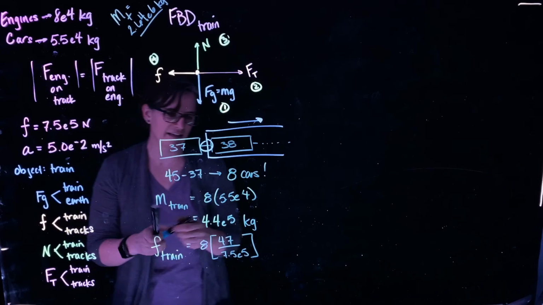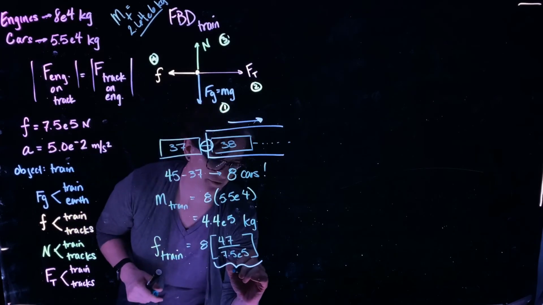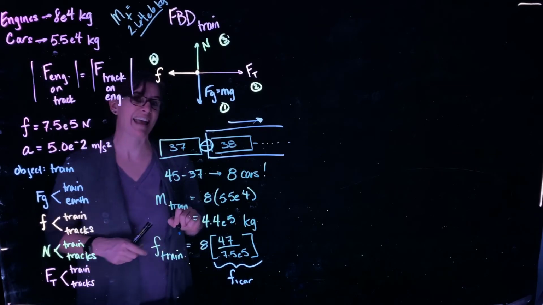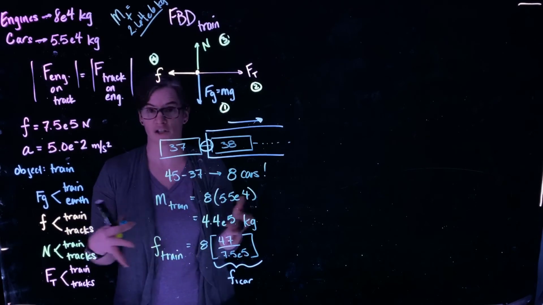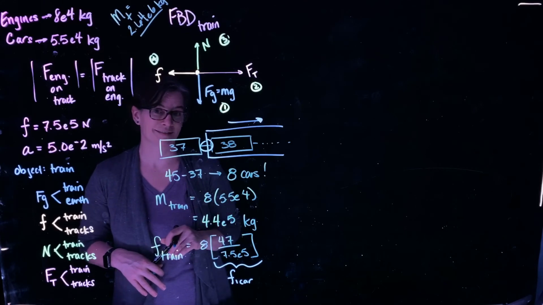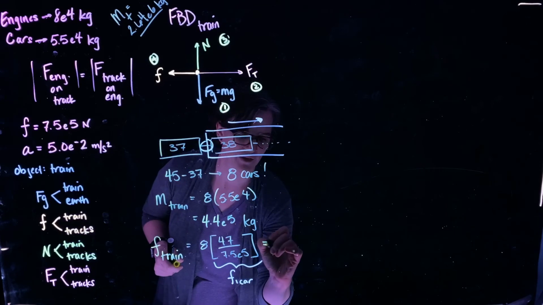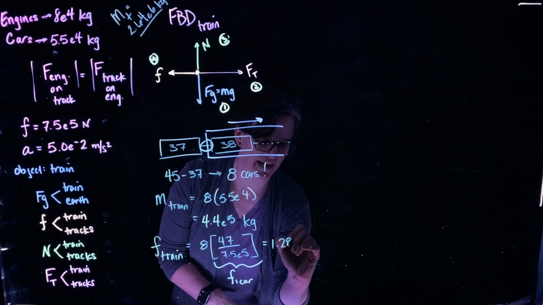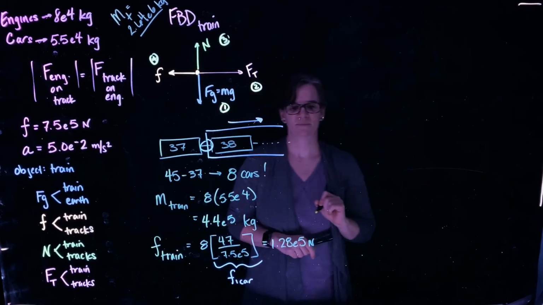So this gives us the friction on one car, and I have 8 of them. So this gives us 47 divided by the total friction on the train, and I have 8 cars that are experiencing that. So the frictional force in our second part of this problem is 1.28 times 10 to the fifth newtons.